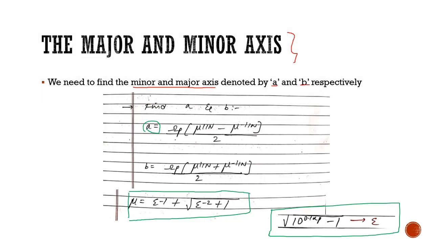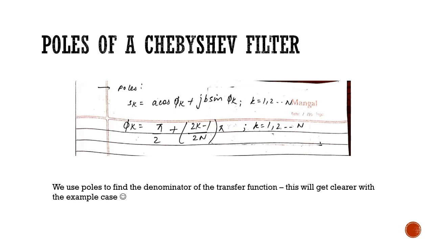So moving on. Then we have something we call the poles of a Chebyshev filter. The poles of a Chebyshev filter help us find the denominator of the transfer function, the denominator of the transfer function H(s), right? As we had discussed in the previous video, there's a numerator and there is the denominator.